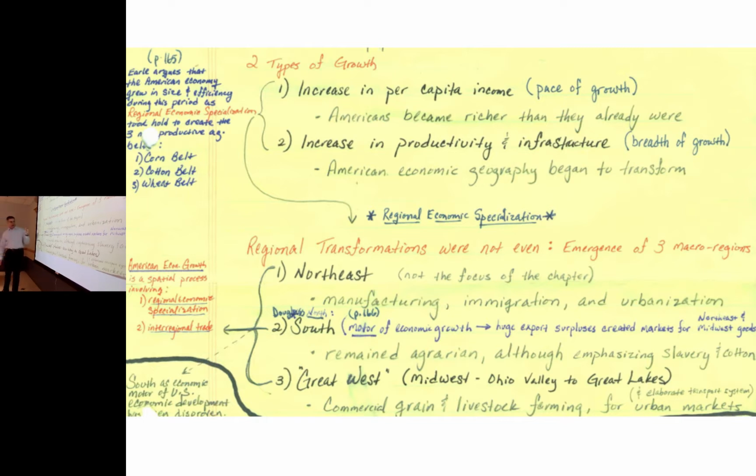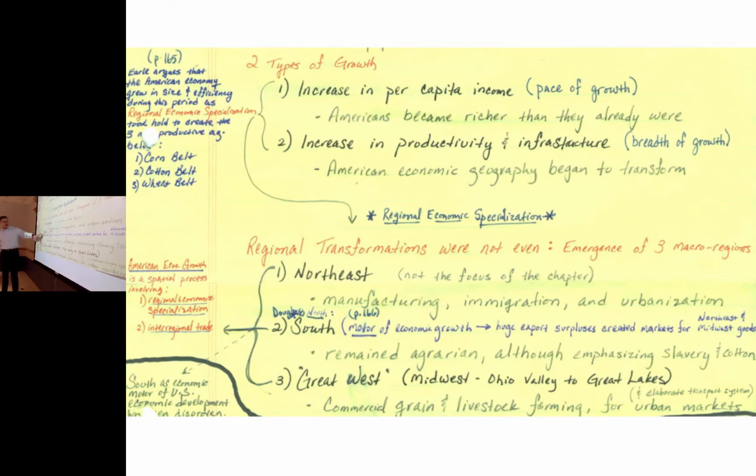Now, this note here about Douglass North, page 166, is a reference to a motor of economic growth in that there were huge export surpluses created, creating markets for the Northeast and the Middle West.